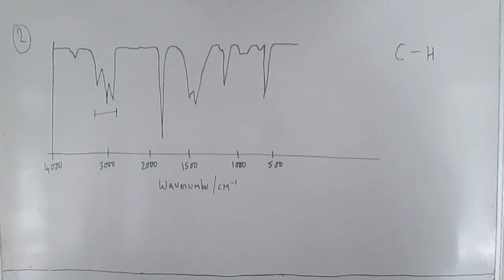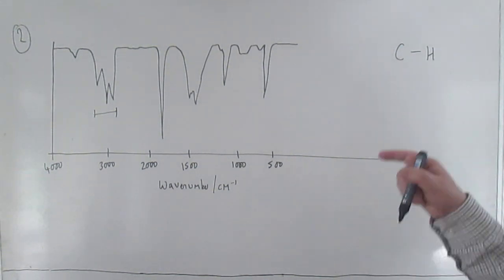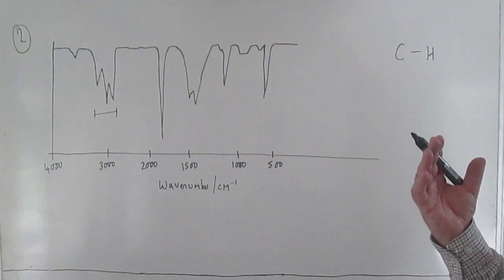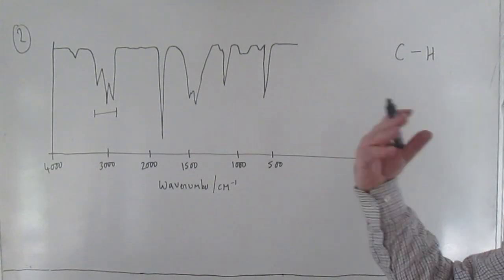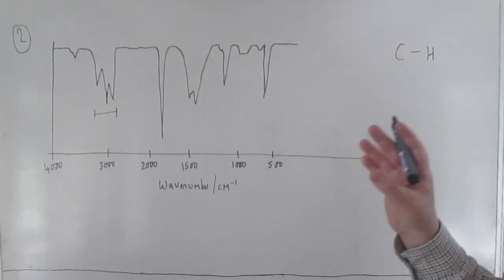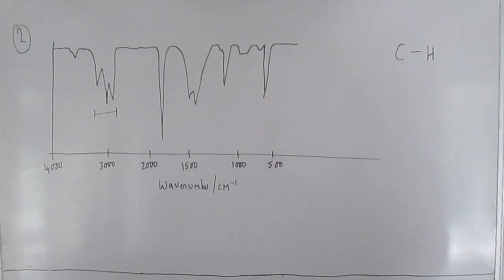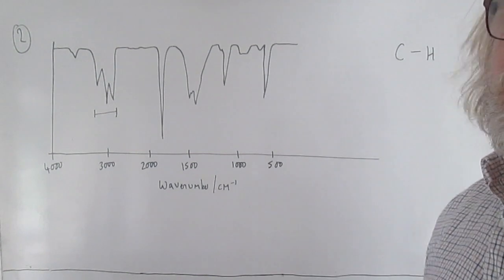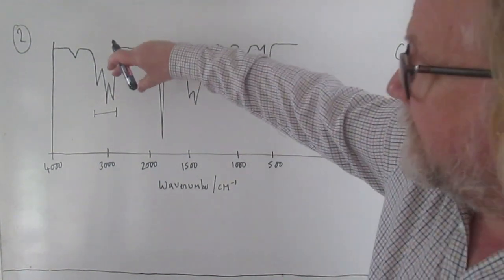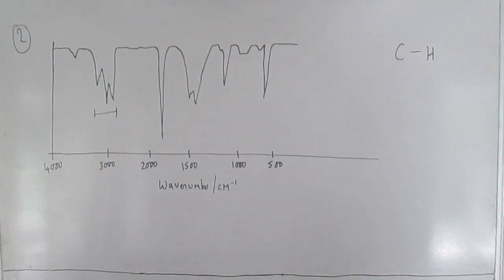Eventually people worked out that that was because CH bonds, when they're made to vibrate, always require the same sort of energy to excite that vibration, and therefore it always occurs in about the same wave number range. And you don't just get one peak, you get a cluster of peaks, because there are different types of CHs and they can also vibrate in different ways, but they're always clustered around that region.